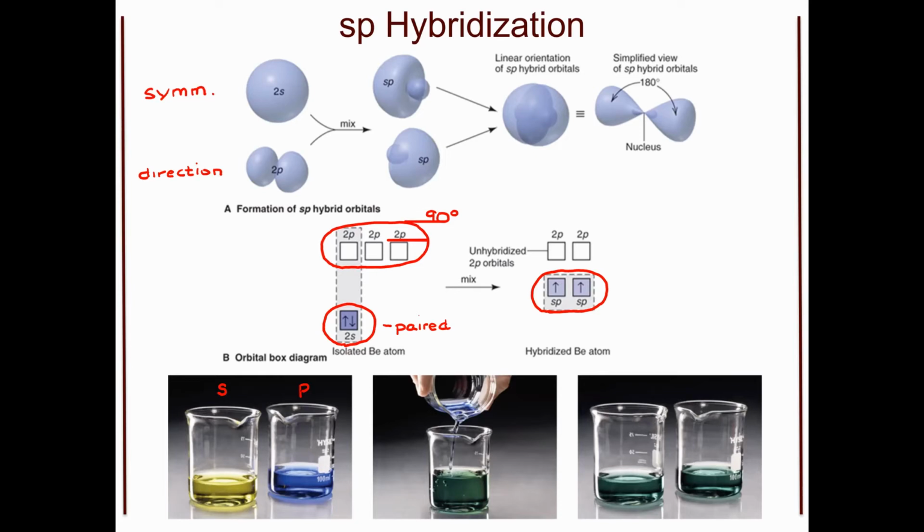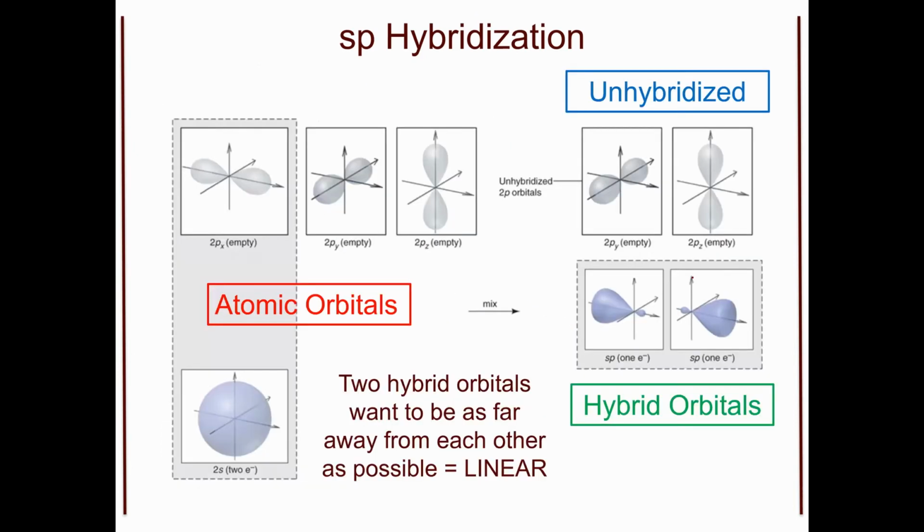This is because our hybrid orbitals are really 50% s orbital and 50% p orbitals. They have equal contribution, so they are going to have equal characteristics that you see there of the symmetry and the direction. Let's go ahead and see what happens if we add more p orbitals.